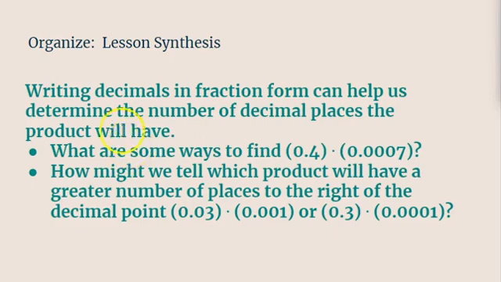All right. So wrapping up here, writing decimals in fraction form can help us determine the number of decimal places that a product will have. So we could think of this as 4/10 times 7 10,000ths. We can also think of this 4 as being 4/10, right? And the 7 as 7 10,000ths.